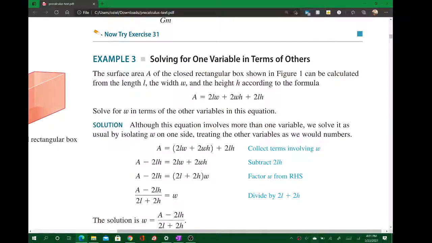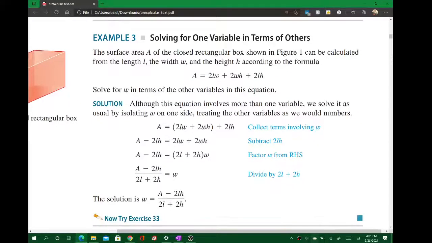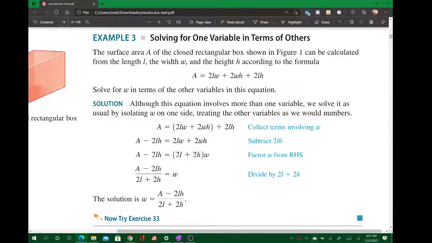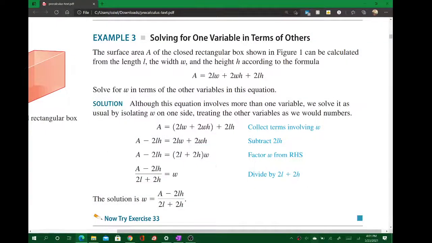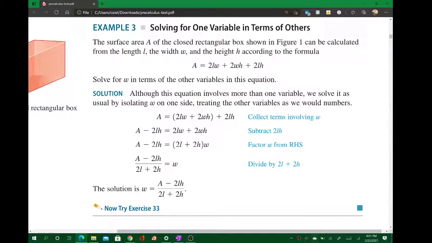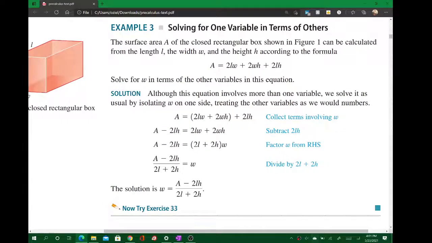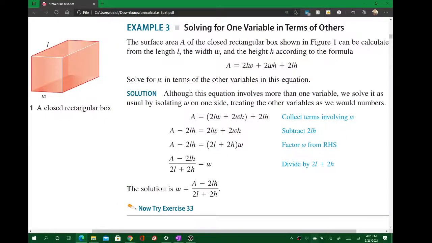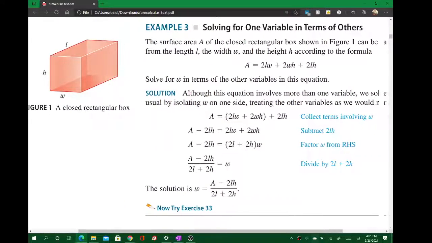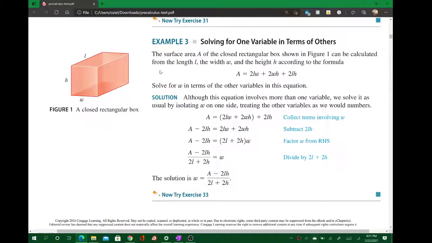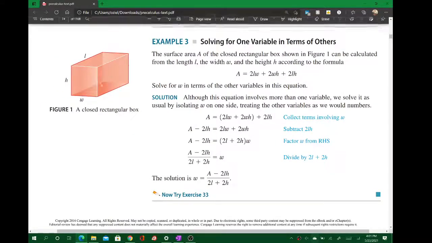Now this is another one. It says to solve, so this is obviously a geometric formula that you learned in geometry, right? And it's saying to solve for one variable in terms of others. So the surface area of a rectangular prism or rectangular box is shown in this figure here.